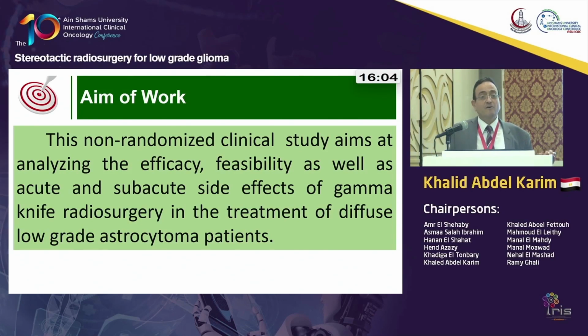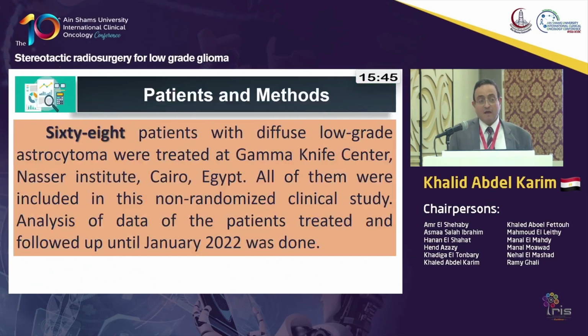The higher grade, anaplastic or GBM, is going for concomitant chemoradio, but this will always be a gray zone for many reasons, especially for the patients who are not accepting the problems that come after surgery. The non-surgical patients, we should have a solution.